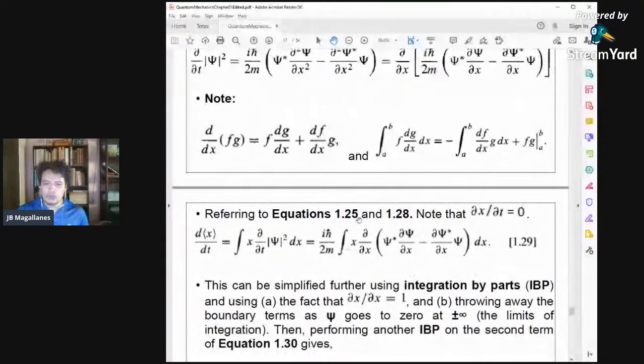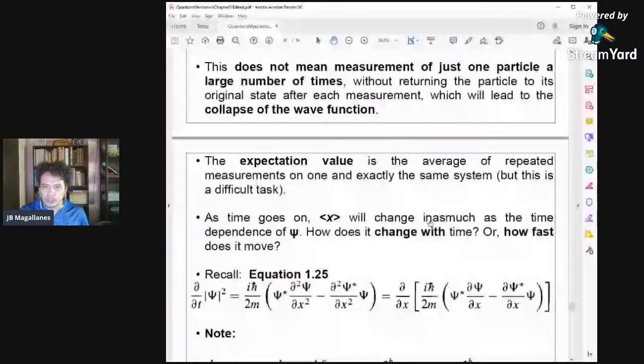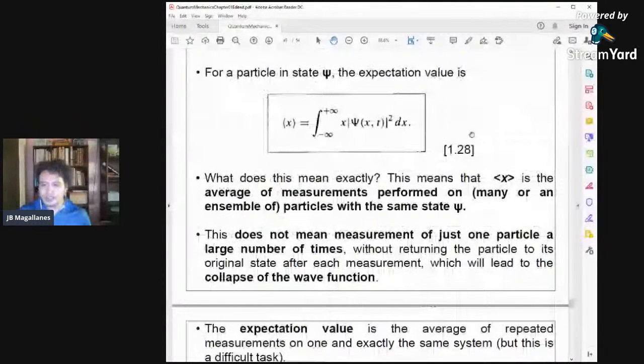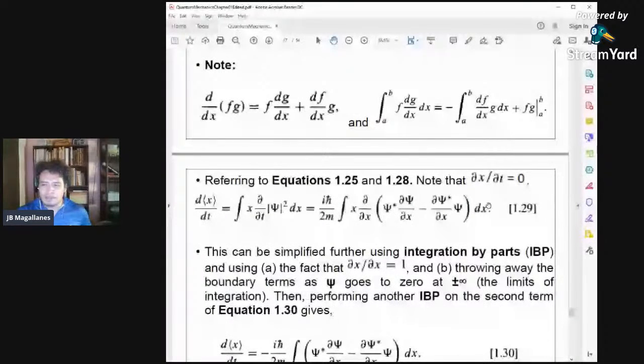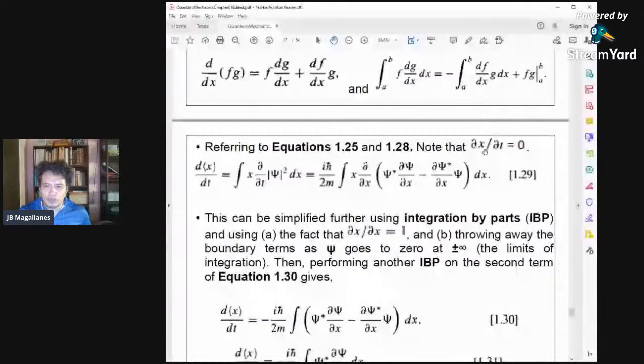Referring to equation 1.25 and 1.28, and noting that the partial derivative of position with respect to time is 0, you will get the derivative of the expectation value of the position with respect to time to be equal to the two terms, by the way, but the first term would contain this one, and this is just equal to 0.